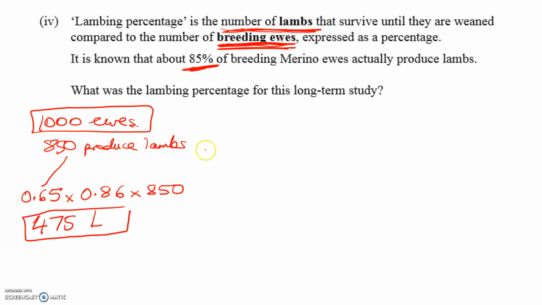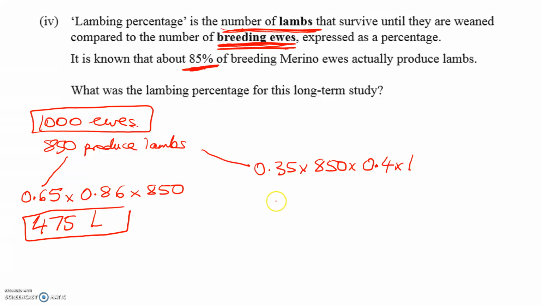Right. Now, what about the other 35%? Well, 0.35 of the 850 have twins, and 40% of those have one lamb that survives.